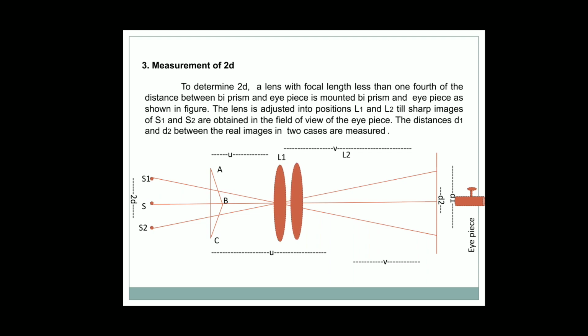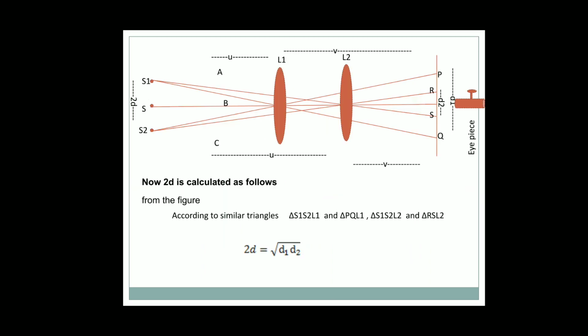If the lens is moved to another place L2, again we can see the images of S1 and S2 through the micrometer eyepiece. If the distance between the two virtual images is d2, we can determine 2d as follows.